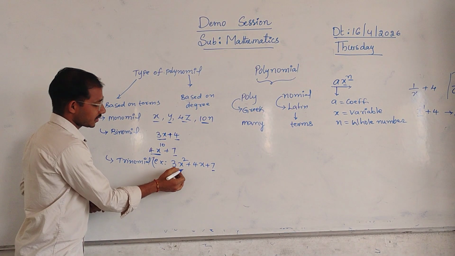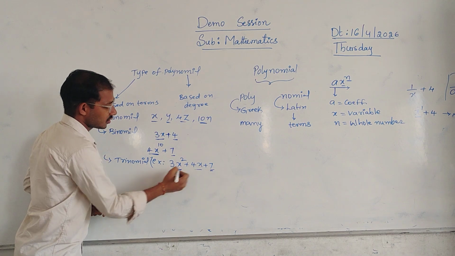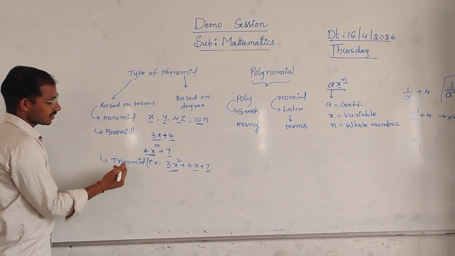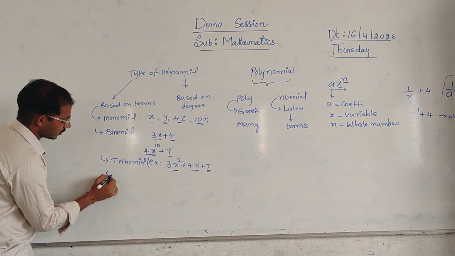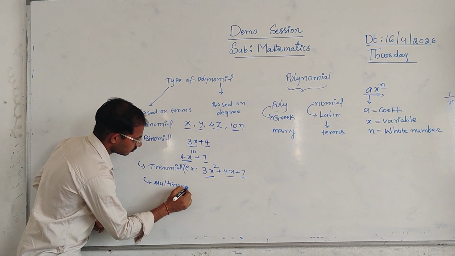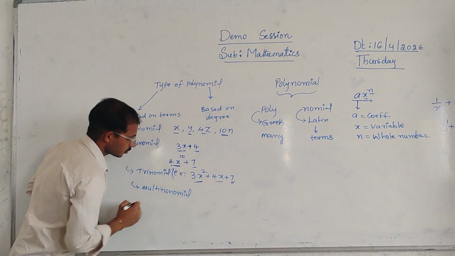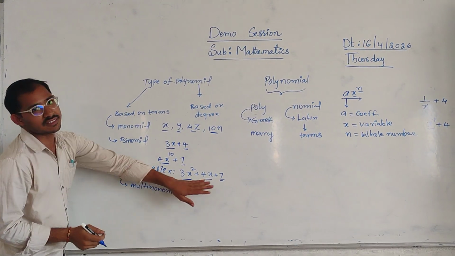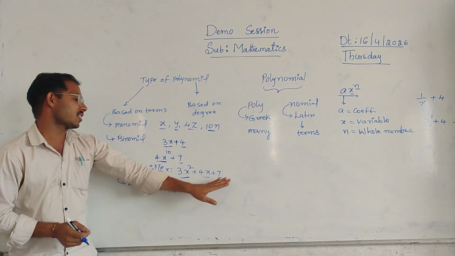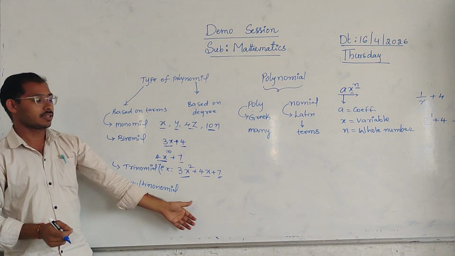So how many terms are there? 1, 2, 3. Three terms means it is a trinomial. If there are more than 3 terms, we call it a multinomial.